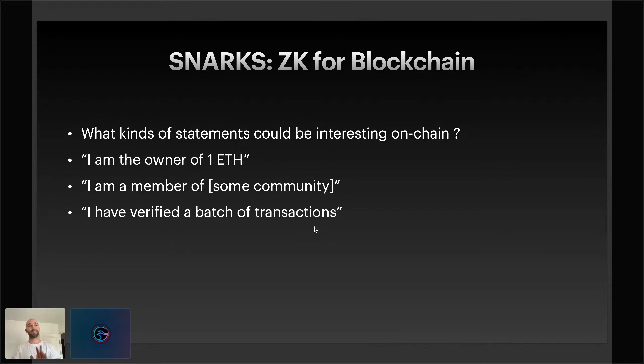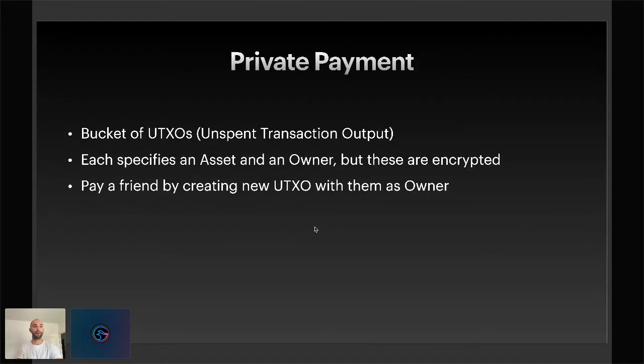I won't go any further into that because that's not what we do at Manta Network. I'd like to talk more about one of the things that we actually do, which is private payment protocols, right? So that's what MantaPay allows you to do, is private payment.